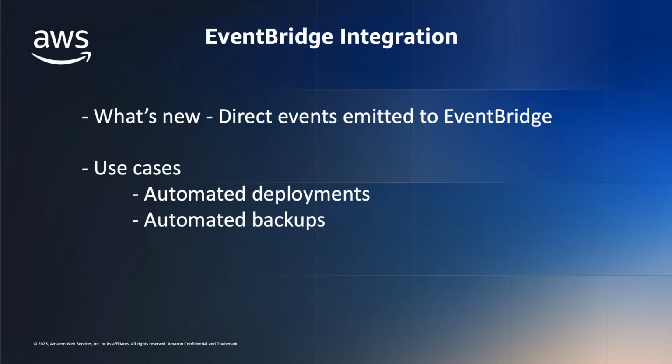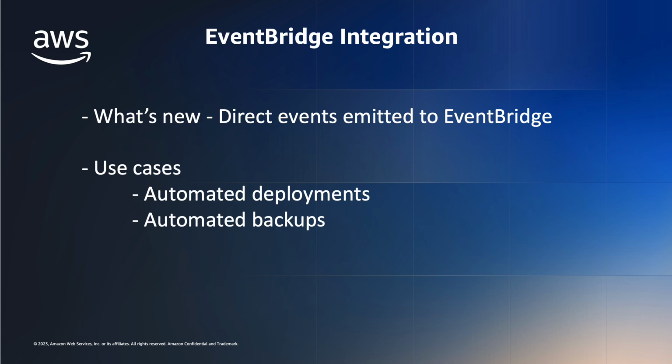So first, to talk about what's new, we always had events coming from QuickSight to EventBridge, but in the past that was through CloudTrail. What's new is now QuickSight is emitting events directly to EventBridge. The CloudTrail events work, however, they are not as near real time as one would like.